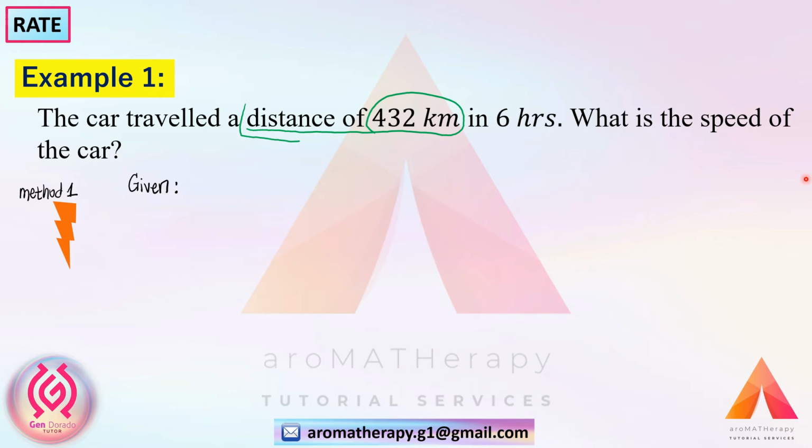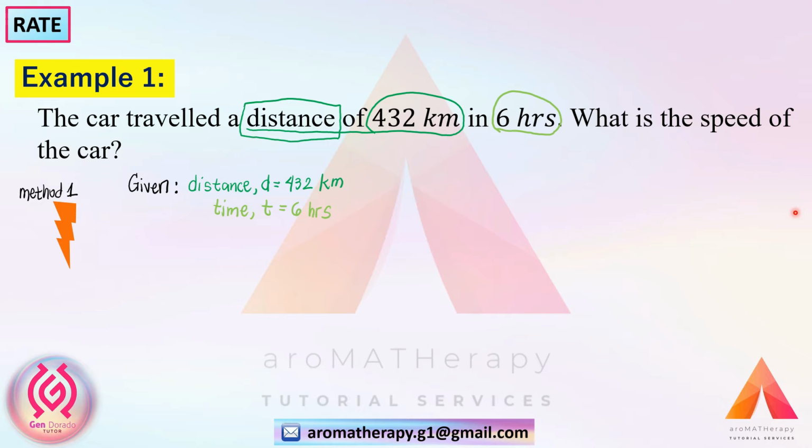So, you write distance D is equal to 432 kilometers. Our next given is time. So you write time, T is equal to 6 hours.